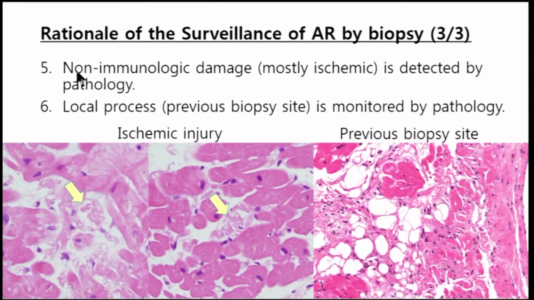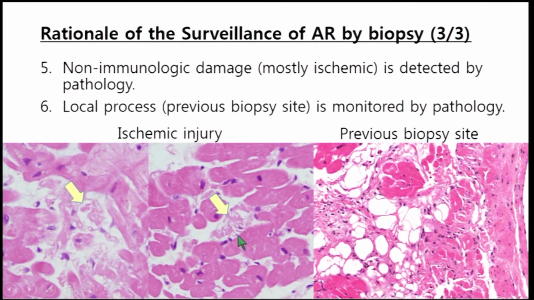The fifth is that non-immunological damage, mostly ischemic damage, also occurs in the myocardium, but it is possible to distinguish this non-immunologic damage from the immunologic damage like acute cellular rejection. And also a local process like a previous biopsy site is possible to monitor by pathology. For example, these two slides have some debris of eosinophilic material in the interstitium.